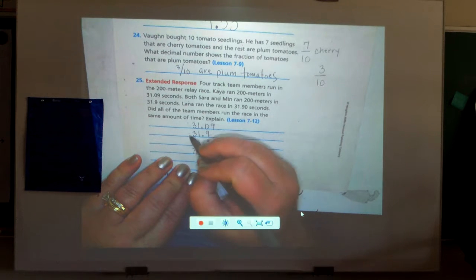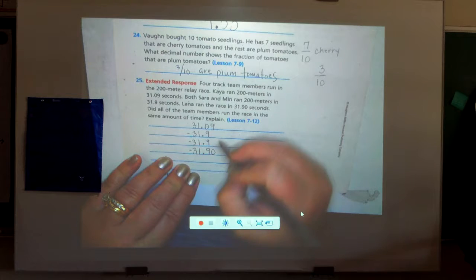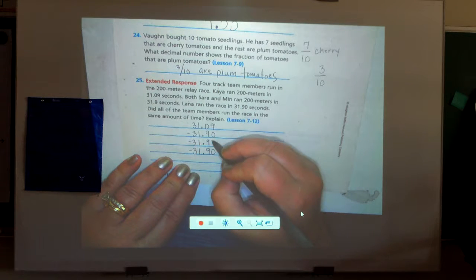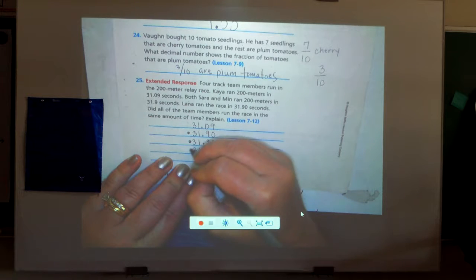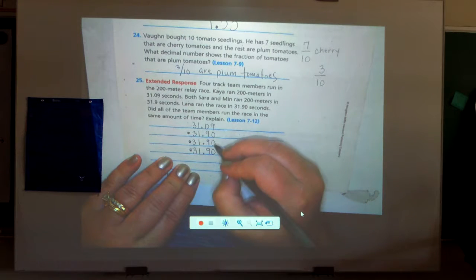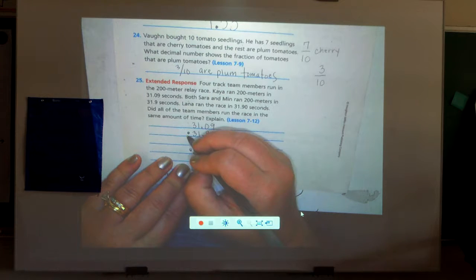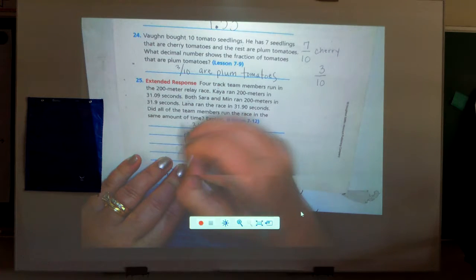Well, if you take a look at the last 3, we can add zeros to the right of the girls that were tied. And you can see that the last 3 are all the same.